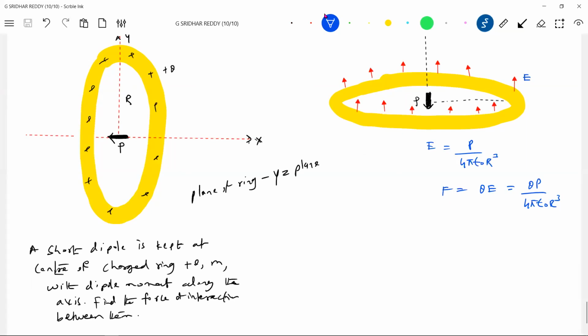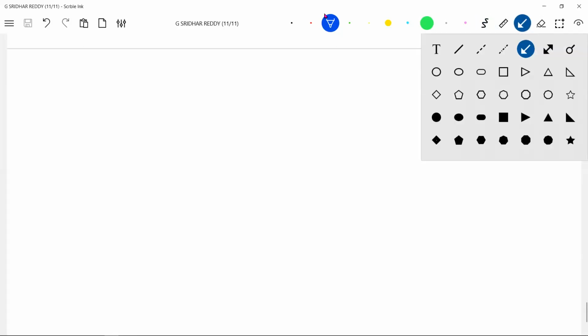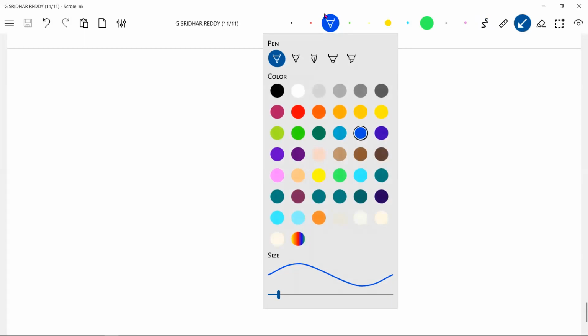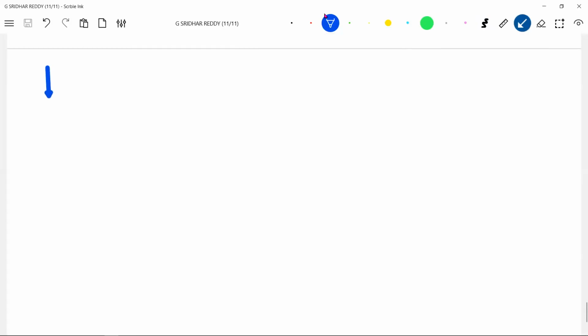Okay, so some 3D diagrams, just be careful. Let me go for one more. I'm trying to share very generalized ideas. I have three dipoles. Three identical dipoles are there.